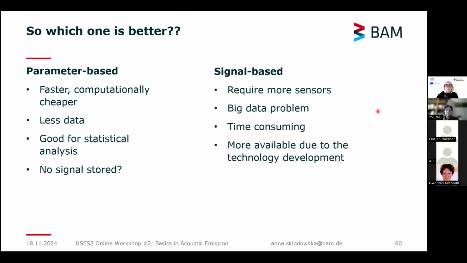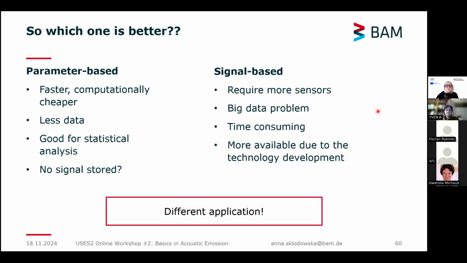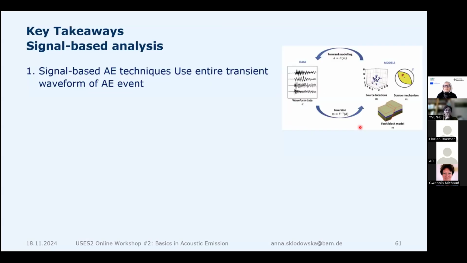The question of which one is better is hard to answer because they are used for different applications. For laboratory tests, it's maybe better to use signal-based, but for monitoring big structures, it's easier and more cost-effective to use parameter-based.